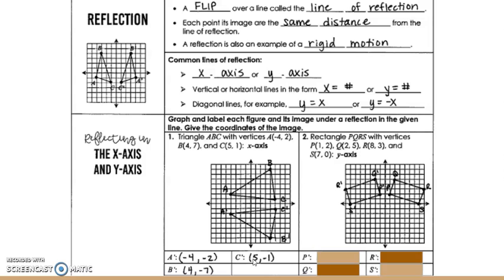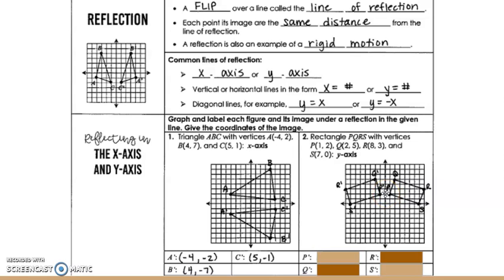Number 2, we're still going to do the same thing, but in this case, they want us to do the image over the y-axis. So we're going to start by graphing our pre-image. So we have that rectangle, and then we're going to count how many units to get it on the other side. So point P is 1 unit away from the y-axis.